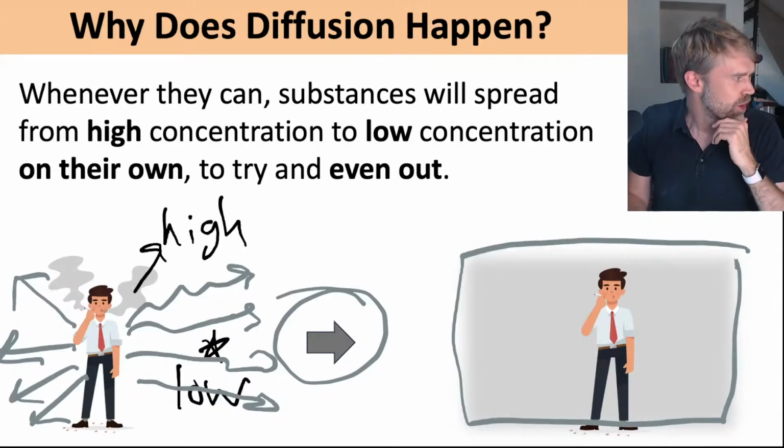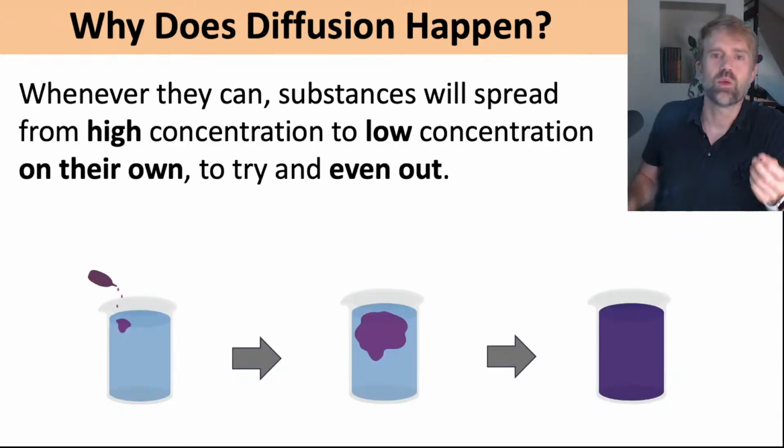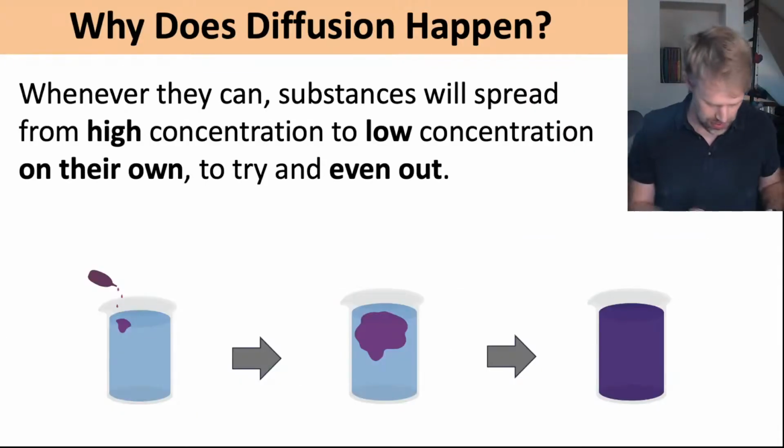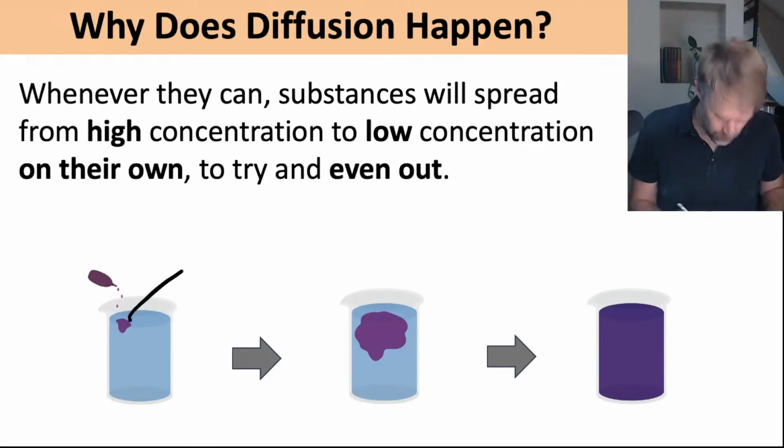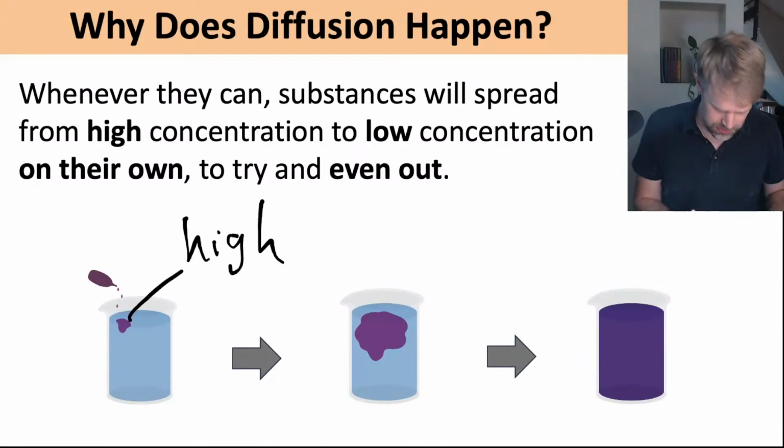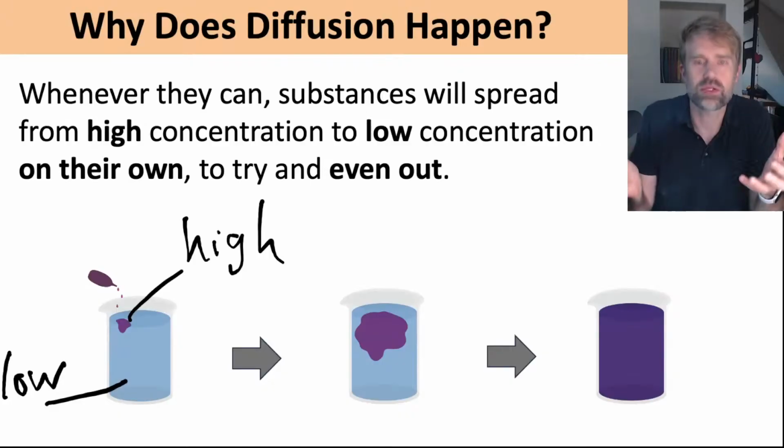Okay, so the exact same thing is happening when we put food coloring in water, right? So it's like we start over here. When we put the drop in, right, we have a high concentration right there where the drop is. How about food coloring elsewhere in the glass, in the beaker? We have a low concentration.